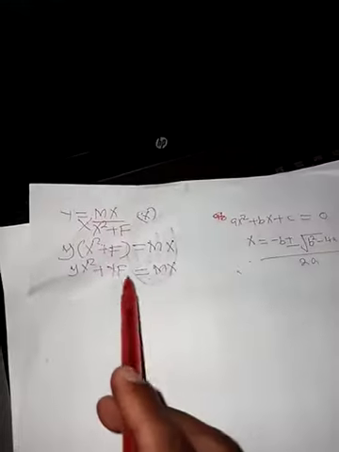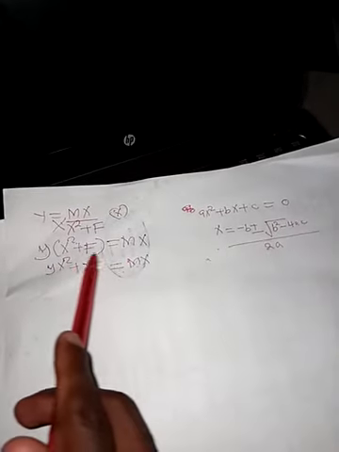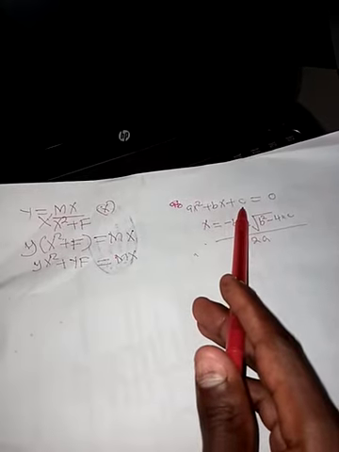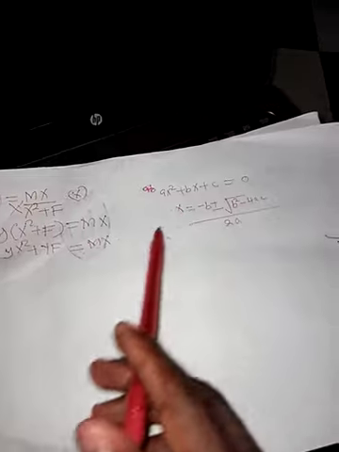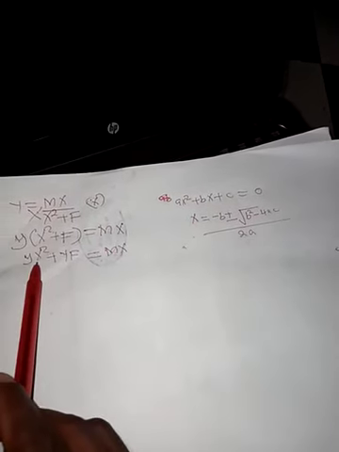Now from here I want you to check this equation that we have formed. This equation will give us the quadratic equation that looks like this one. So bring this mx this side.